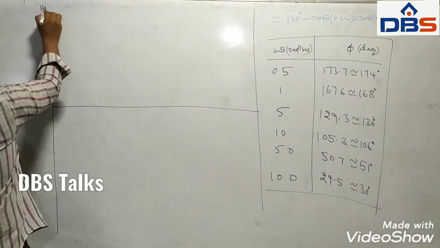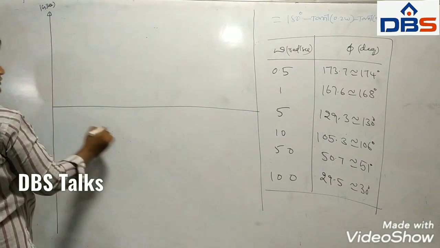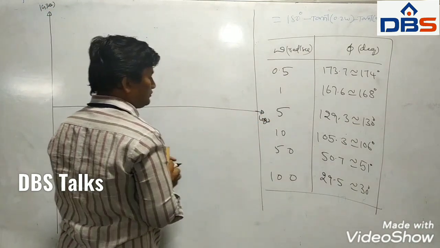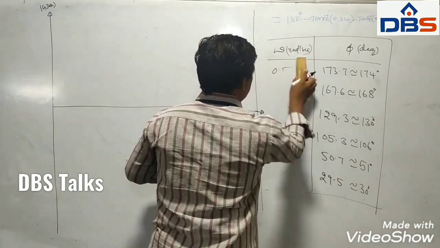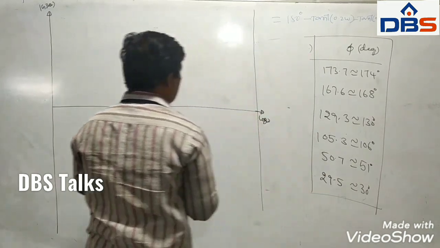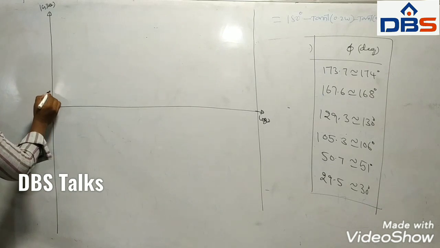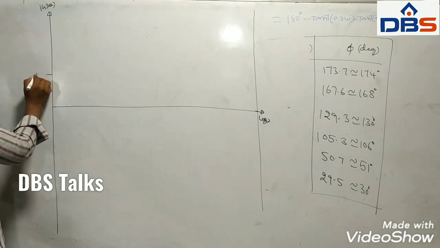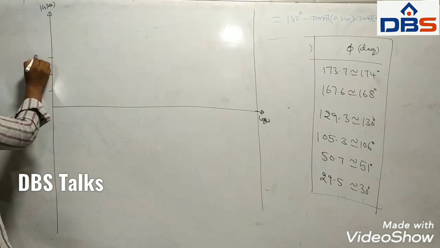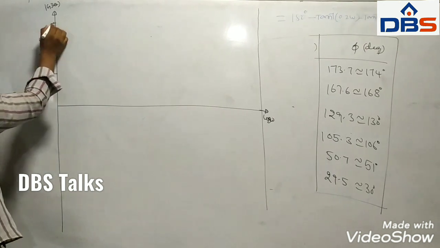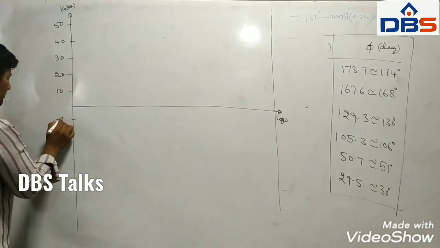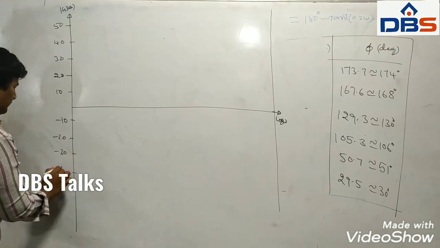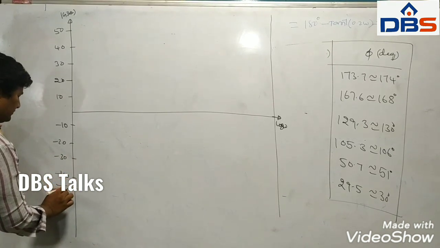This is the magnitude plot and this is log omega. I am taking the scale as 1 unit equal to 10 dB per decade. So 20, 30, 40, 50, and in a similar manner minus 10, minus 20, minus 30, minus 40, minus 50.